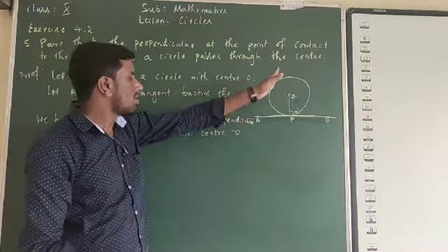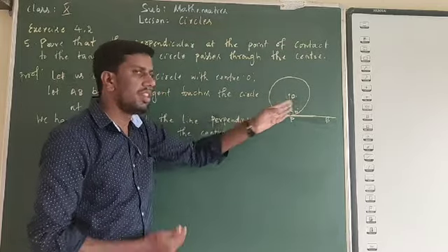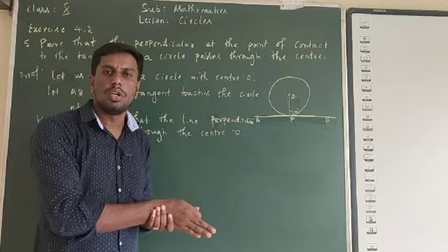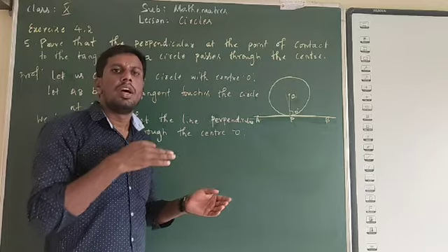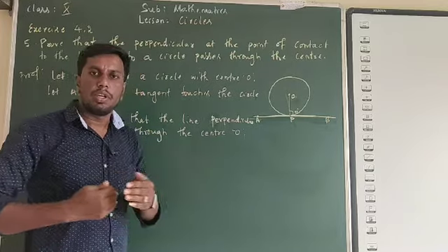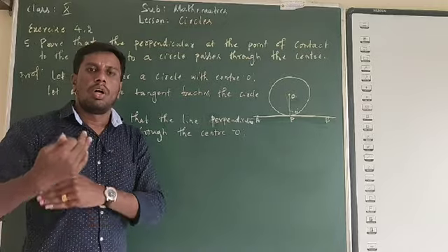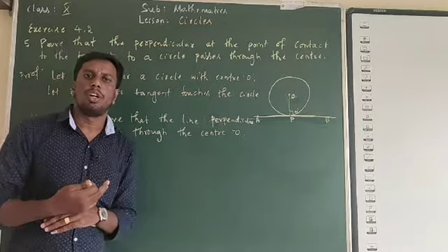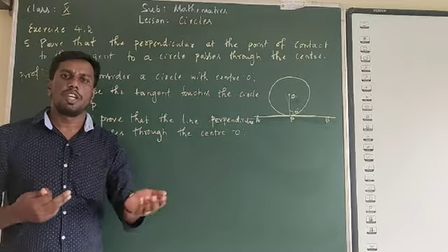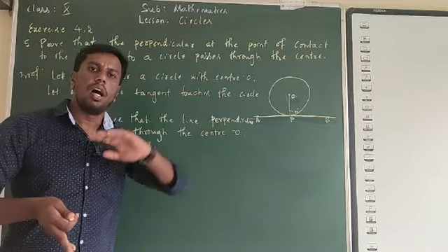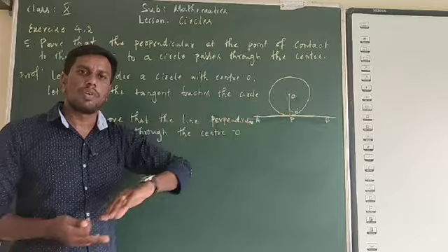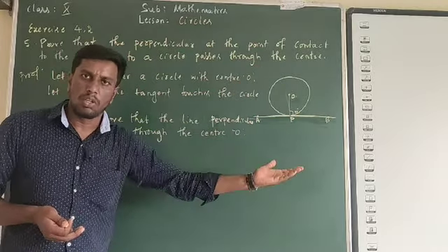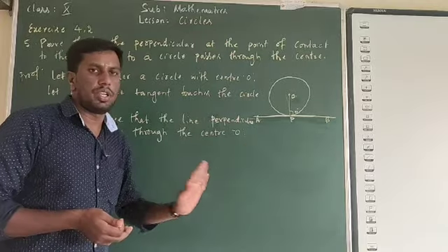If it passes through the center, then we assume that it does not pass through the center. Then we will conclude with some contradiction, that means some wrong statement. So that concludes that our assumption is wrong. Initially, whatever assumption we took is wrong. So it has to pass through the center O.